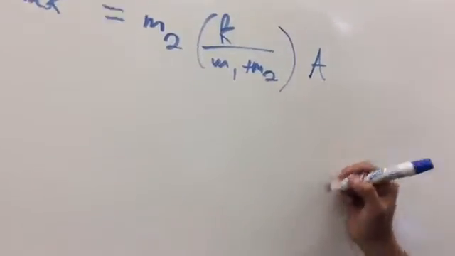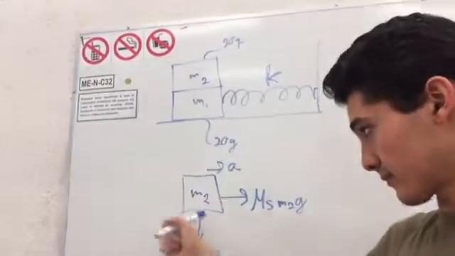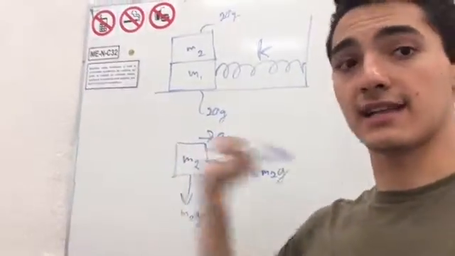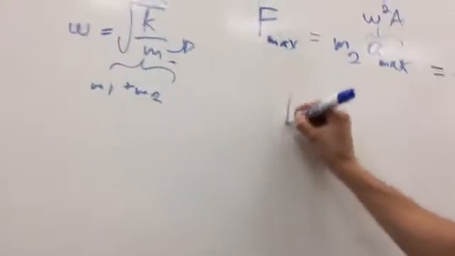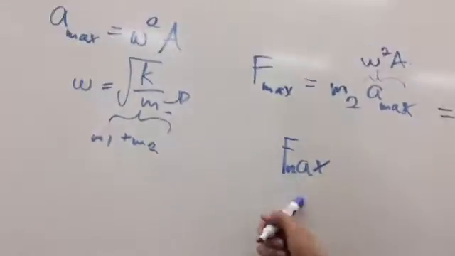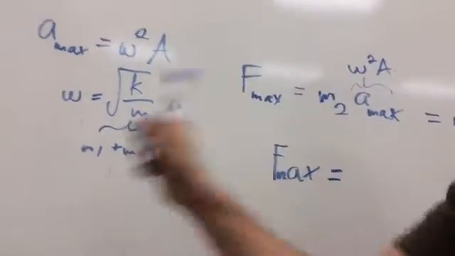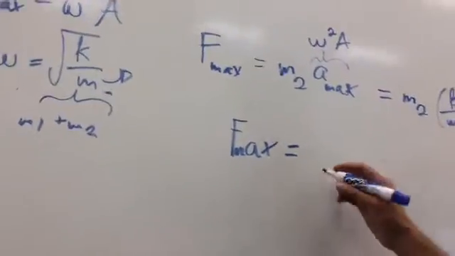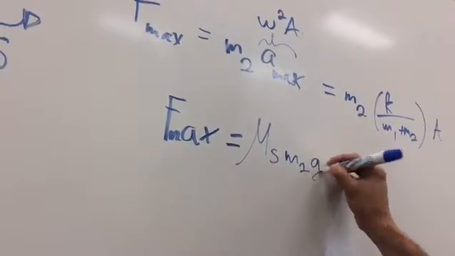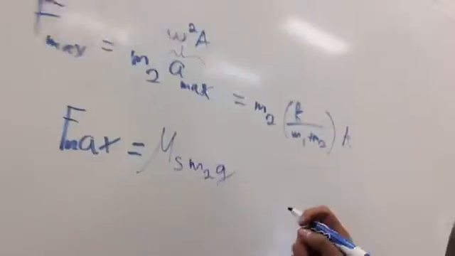And we also know, by seeing our diagram, that we only have one force moving in the x-axis, so the maximum force in this direction will be the friction. So it's mu s times the mass times the gravity.